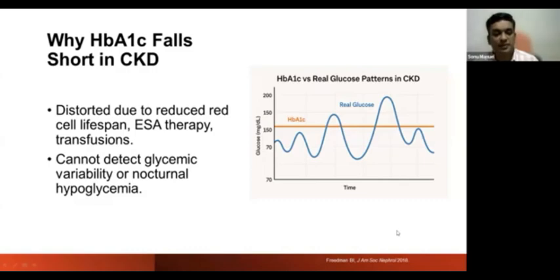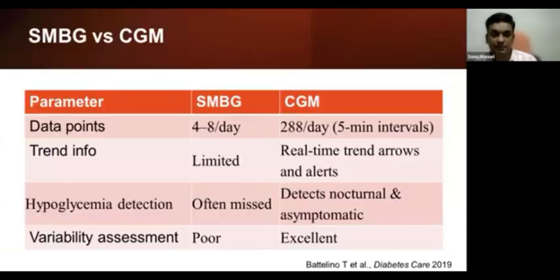At the same time, HbA1c can falsely rise due to uremia, carbamylated HbA1c, like that. The other markers such as glycated albumin or fructosamine are also not very good in CKD. And another major issue with HbA1c is that it cannot detect the glycemic variability or nocturnal hypoglycemia, which is a major issue in individuals with CKD.